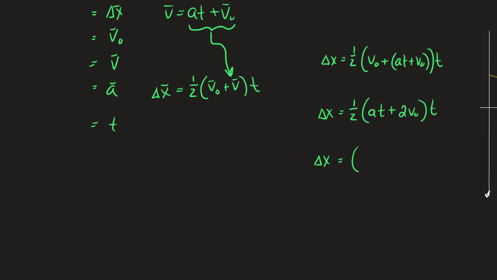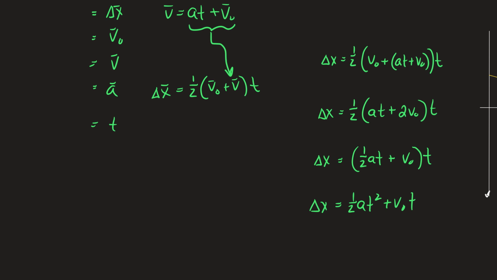I get 1/2 AT plus V naught. All right, 1/2 times 2 cancels out to 1, so that's why the 2 disappeared. And now I'll distribute the T. Now I've created a new relationship.